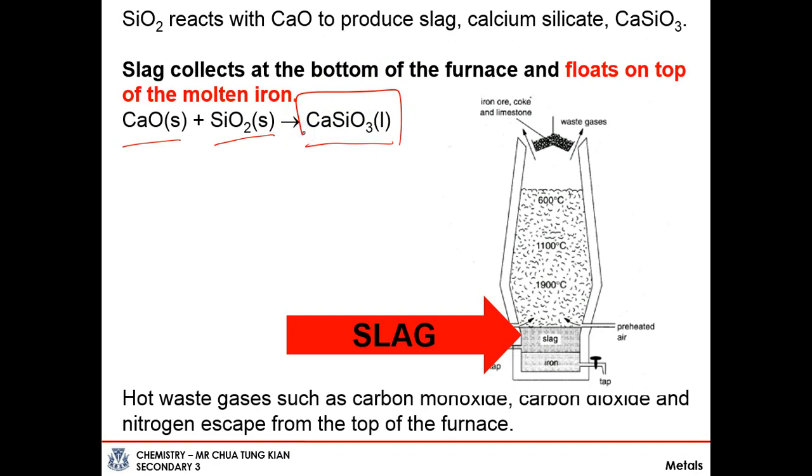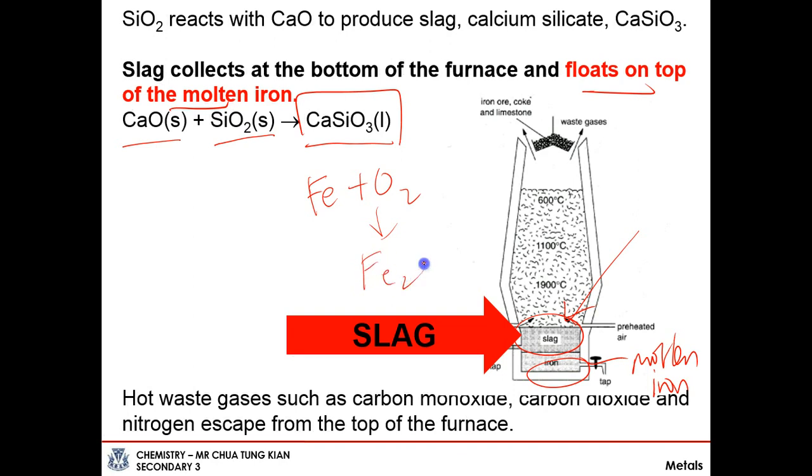Slag is less dense than molten iron, so it floats on top of the molten iron. Take note, this is slag and this is molten iron. The slag actually plays a role in the blast furnace. Notice that it is above the iron, so it prevents the iron below from undergoing further reaction with oxygen, because if it is iron, it can react with oxygen to give you iron(III) oxide, right?